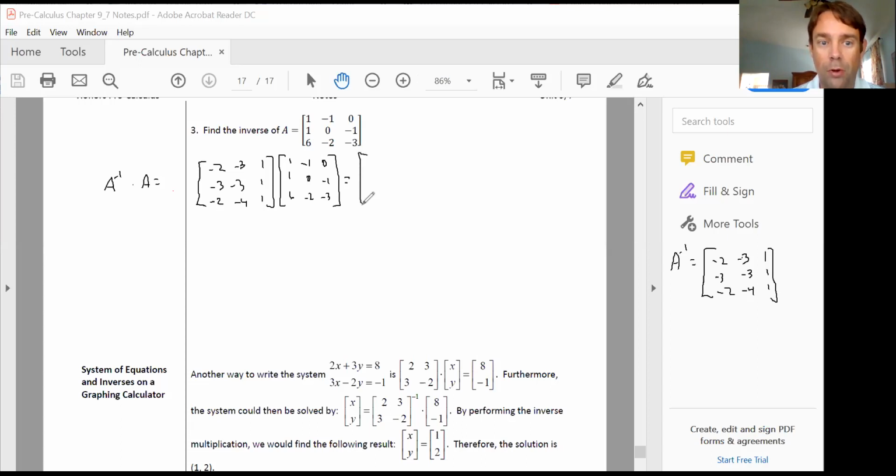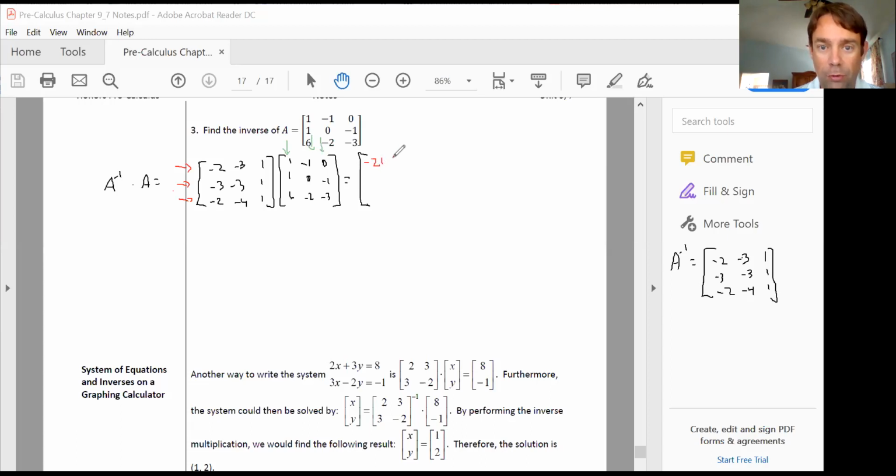So every row by every column. So 3 rows by 3 columns. I will end up with a 3 by 3, so that's good.